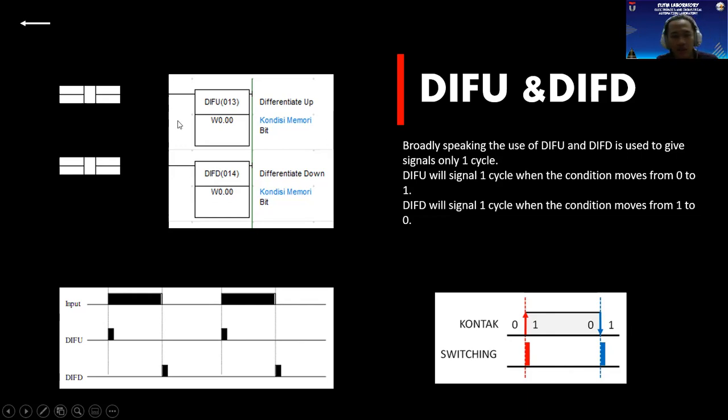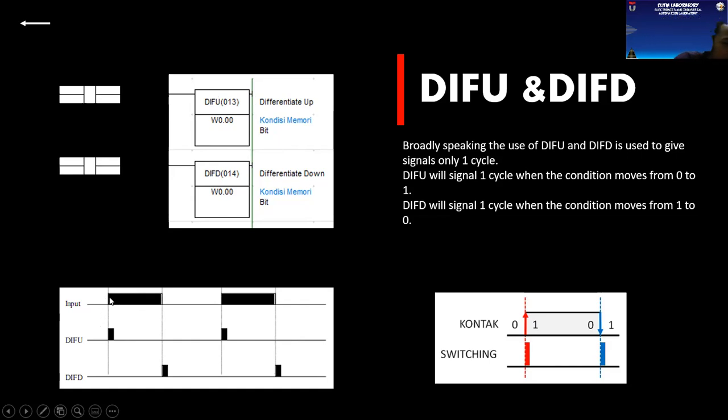We can see the picture. This is DIFU and this is DIFD, and between them we use one input to give the condition. When the input is on, by default it will signal one cycle when the condition moves from 0 to 1.